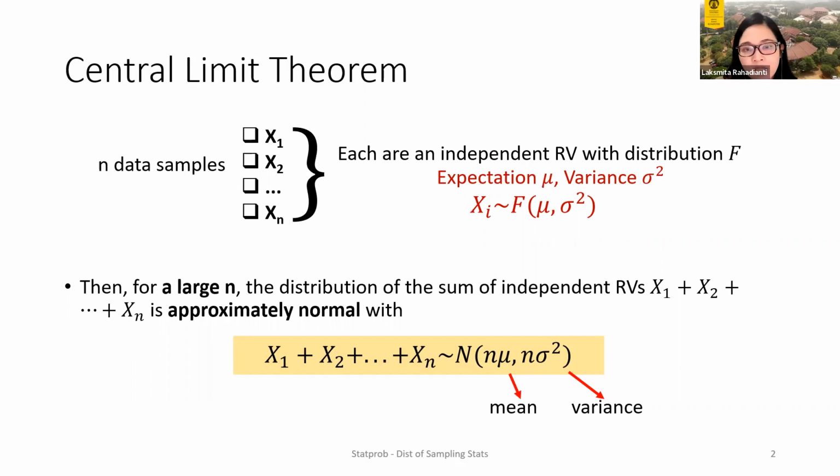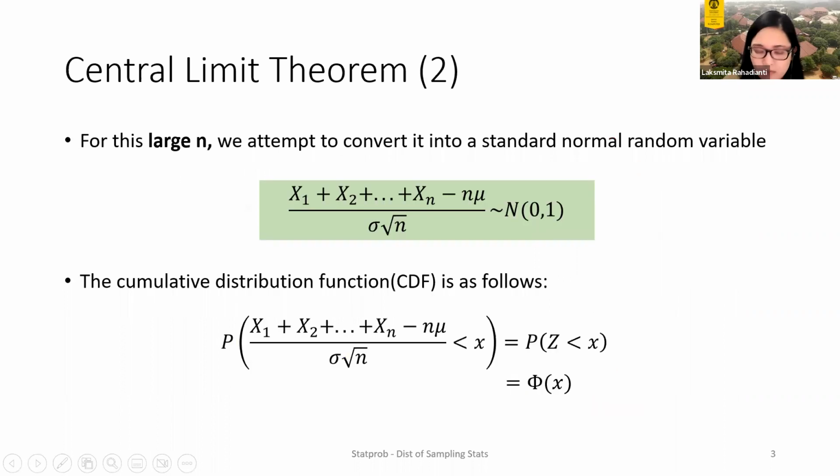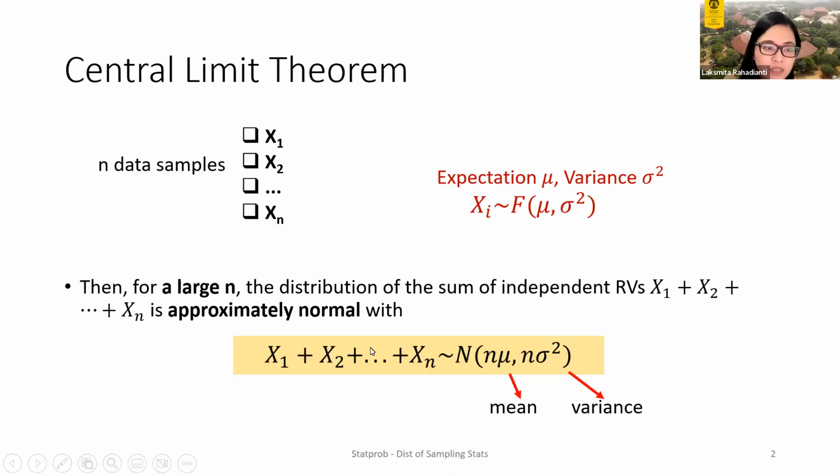The central limit theorem shows that whatever the underlying distribution of the population is, be it exponential, normal, uniform, or whatever shape it may be, the main point is that it does not matter if you are considering the sum of independent random variables.